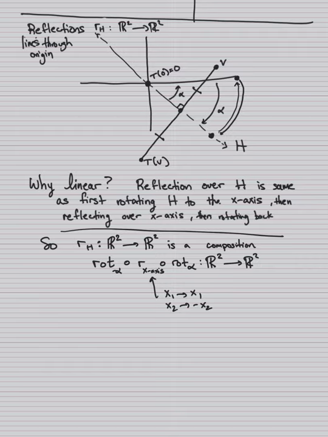Therefore, since we already worked out that rotations, and I should say you're rotating around the origin in both of these, are linear, you have two rotations which are also linear. Therefore, their composition is a linear function. So the composition is linear.